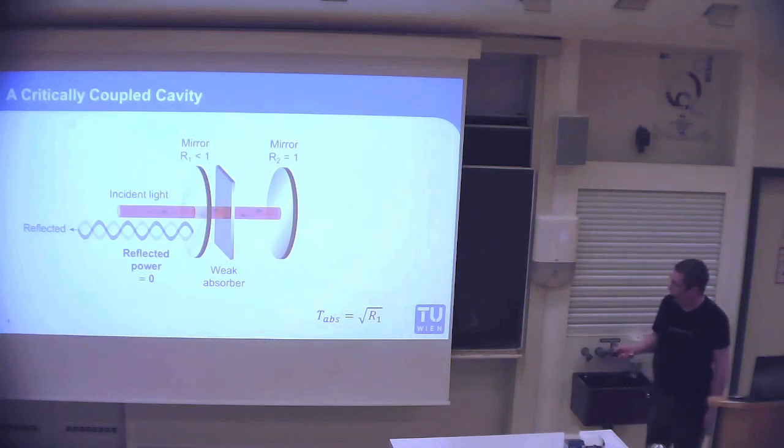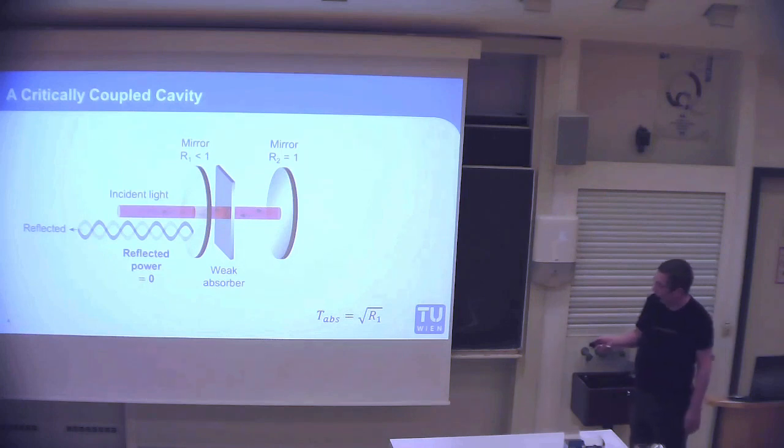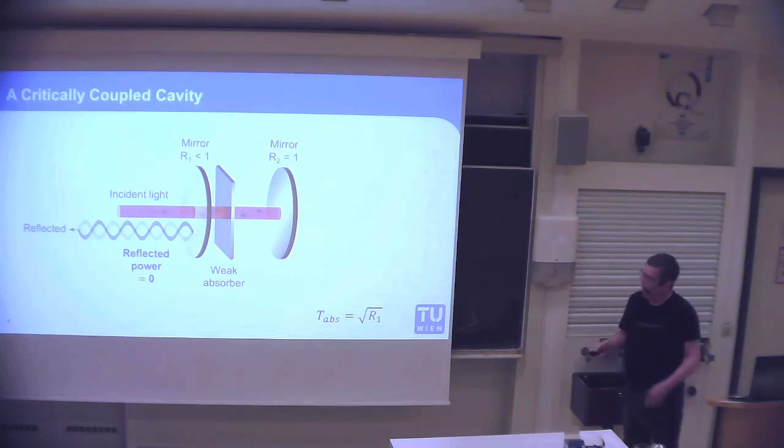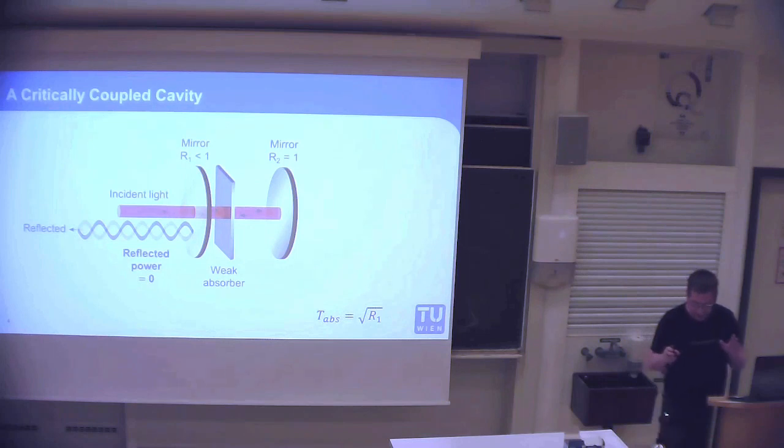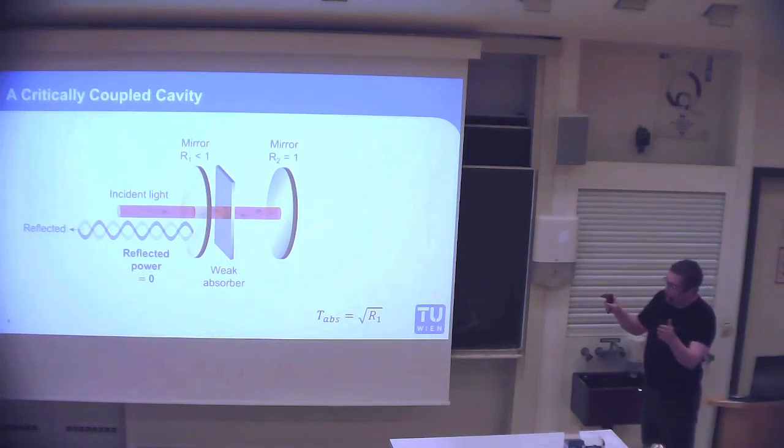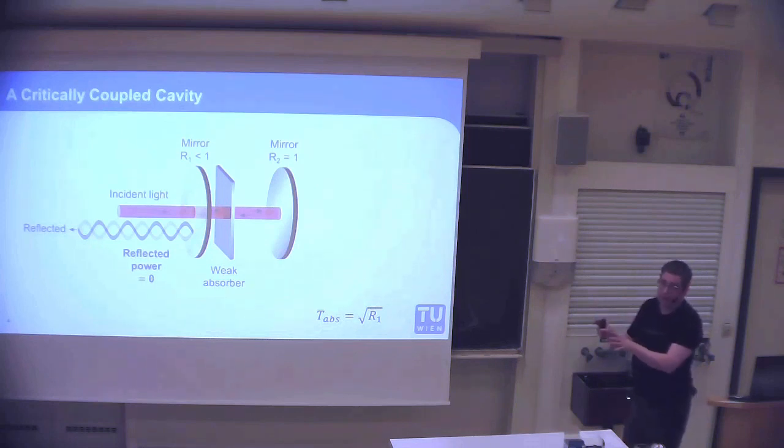In this configuration, the one-way transmittivity of the weak absorber should be the square root of the reflectivity of the input coupling mirror. But anyway, there is this critical coupling condition, and when we meet this condition, then the input coupling exactly balances out with the dissipation in the weak absorber, and then suddenly all the incident light gets trapped in the cavity and no light escapes anymore.